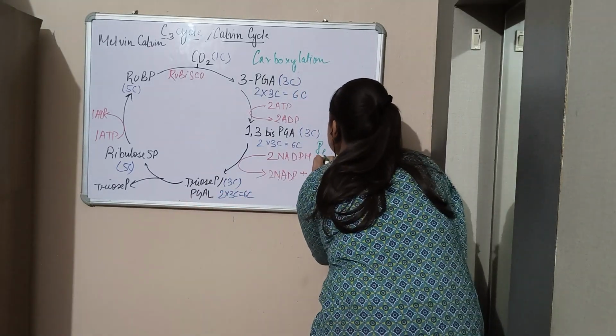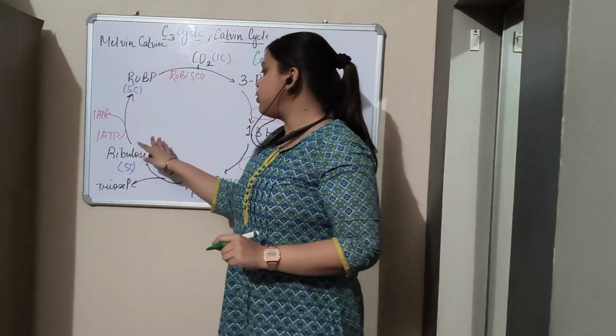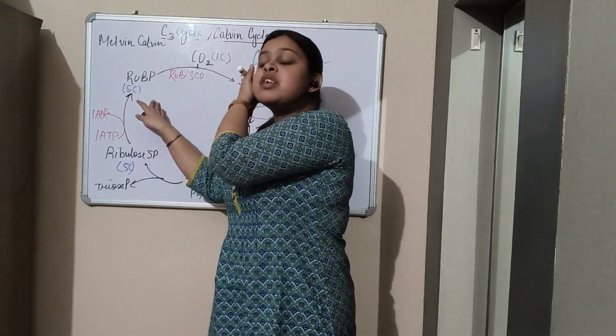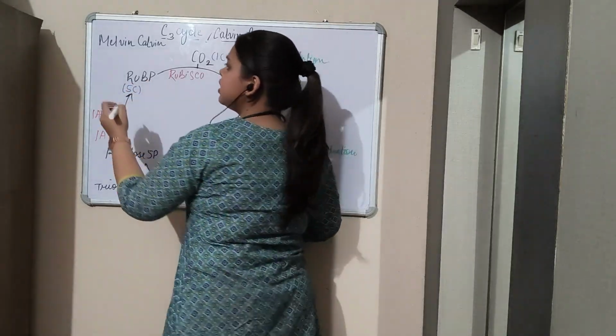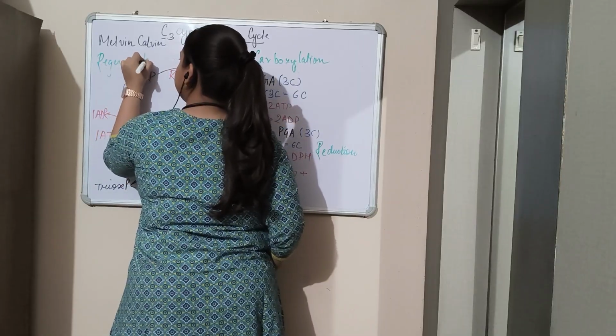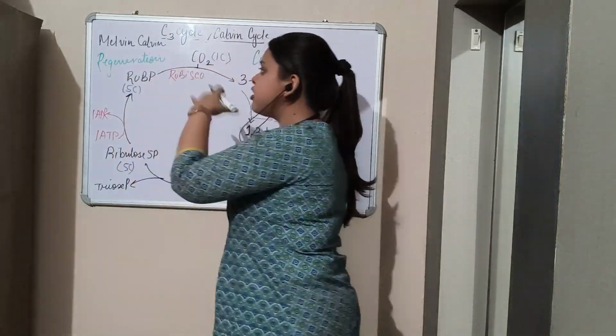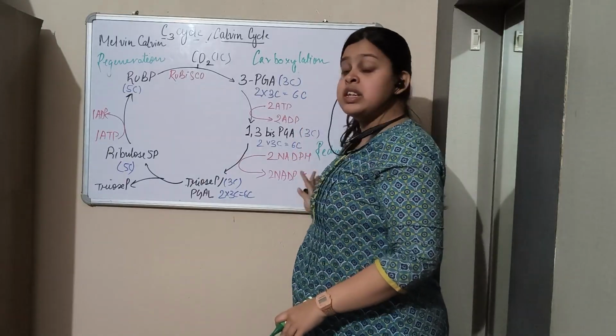So this is the reduction phase. And here the ribulose 5-phosphate is being regenerated into ribulose 1,5-bisphosphate. This is the regeneration step. So these are the 3 events that take place in the C3 cycle: carboxylation, reduction, and regeneration.